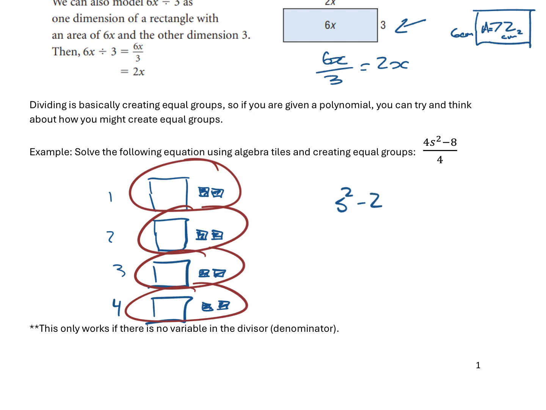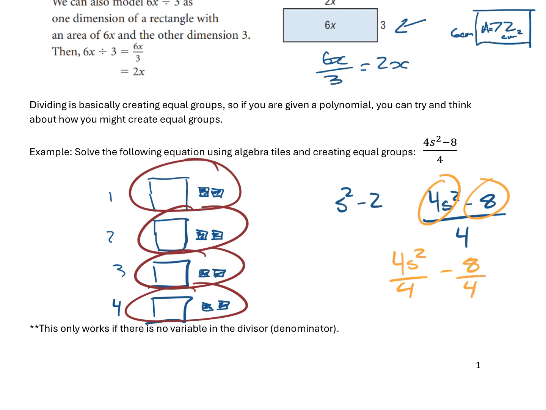So you can also think of that if I were to take the whole equation for 4s squared plus 8. What did I do? Well, I actually divided each of these terms, I'm going to circle them, individually by 4, because 4s squared divided by 4, and then 8 divided by 4.